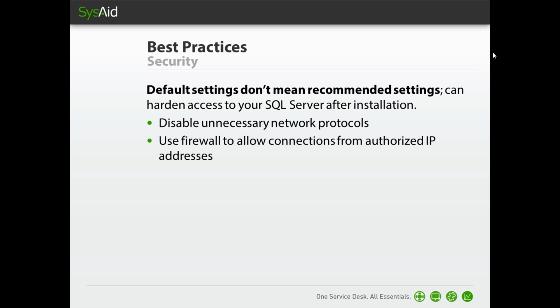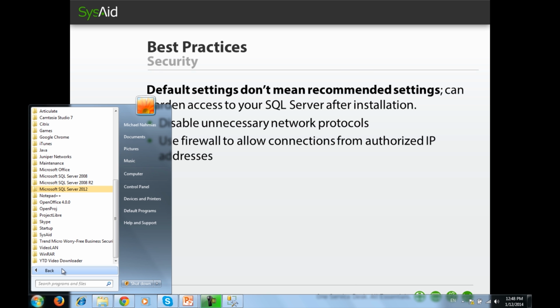Furthermore, if you have the SQL Server running on the same machine as your application, then you can even disable any network connection on anything other than the local host. For example, let me show you how this can be configured.